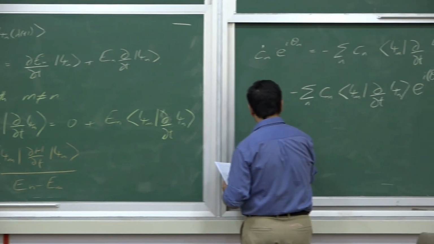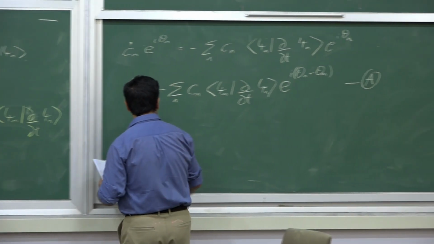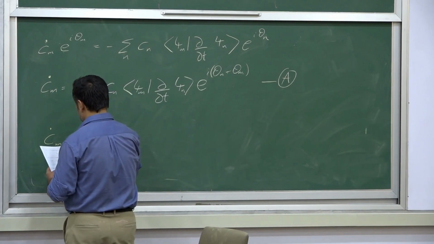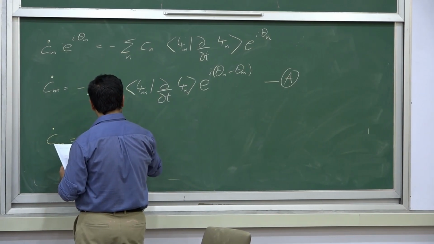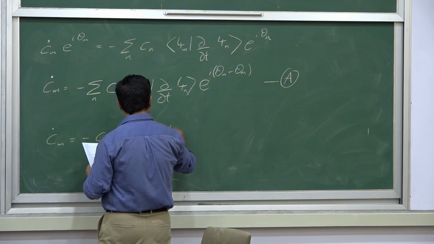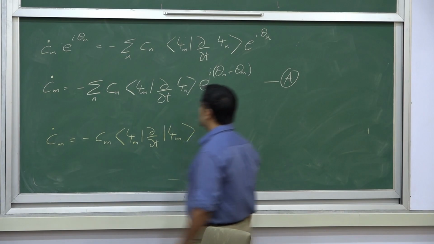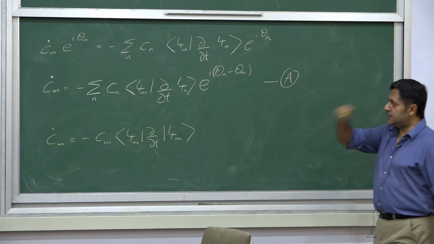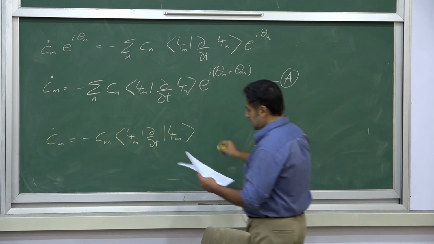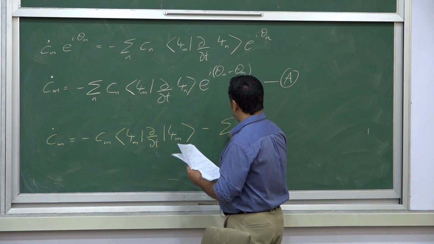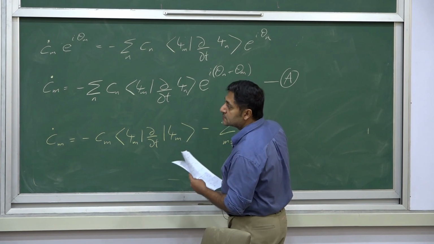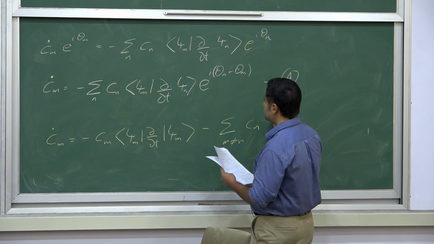You get this term, because in the sum over there I said m is not equal to n. So this term is separate. And then I have this term, Cn, that junk.